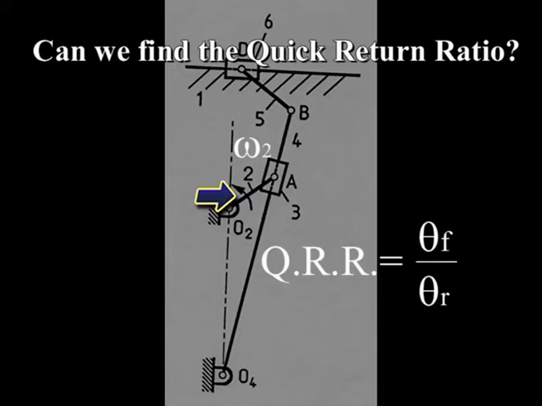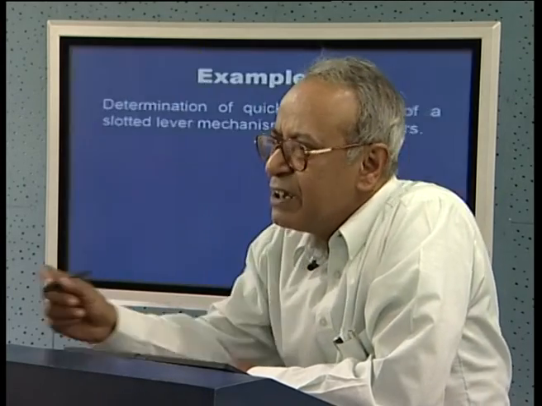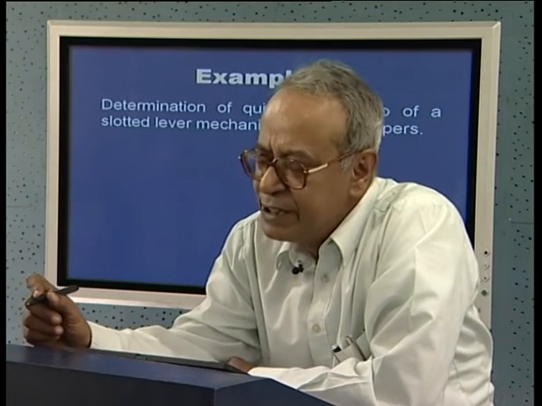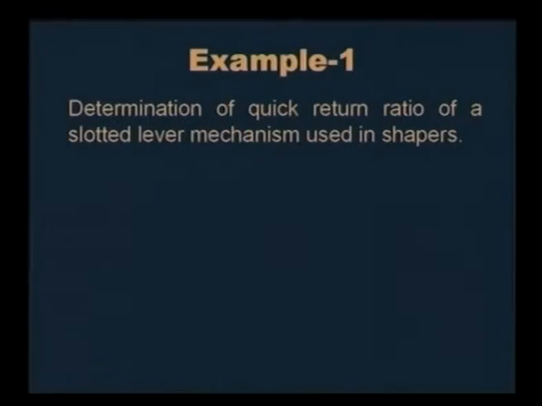Before I start solving the problem, let me restate the problem for your benefit. That is what we are taking as our example 1. Example 1 is determination of quick return ratio of a slotted lever mechanism used in shapers.